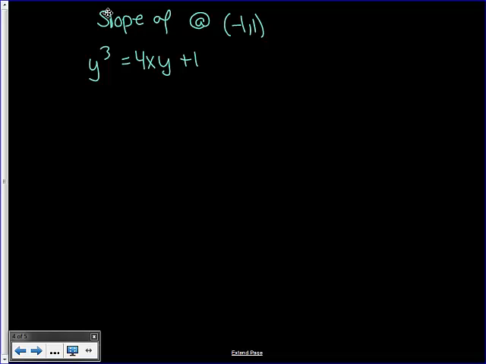Again, we're taking derivatives. Derivative of y cubed is 3y squared dy/dx equals, now, again, this is product rule. So, the derivative of 4x is just 4 times y. Well, the derivative of y is just 1, so I'm left with 4x dy/dx, because I took the derivative of y.